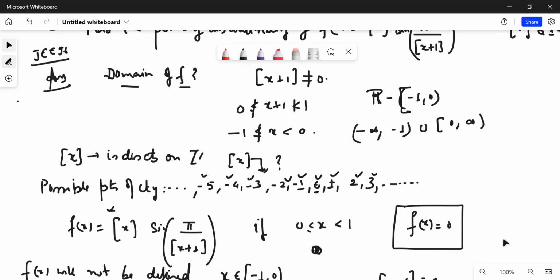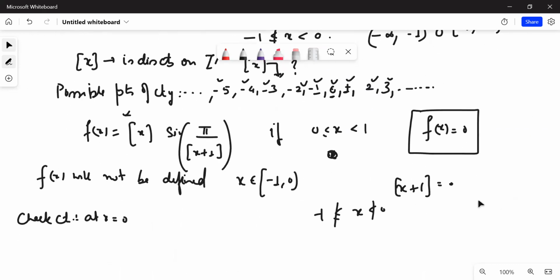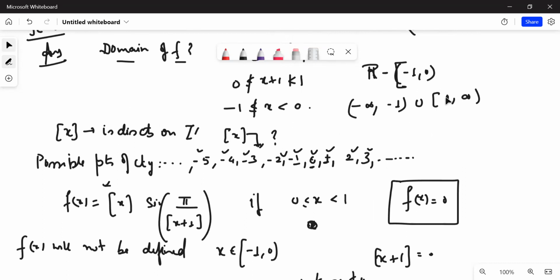Now I'm just thinking of a few things. Let's say the first thing that I think is that f(x) will not be defined at -1, 0. So let us check whether my function has some sort of continuity at x equal to 0. Because here you see that 0 is contained in the domain of the definition, right? And 0 is here also on the point of discontinuity, right? Possible points of discontinuity. I'll write this here.